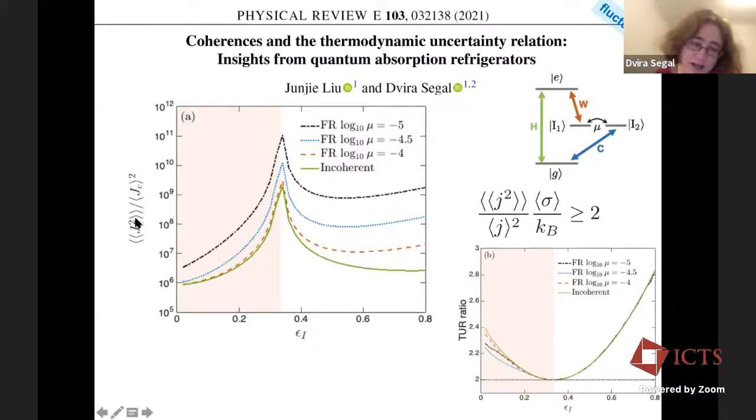And I'm looking here at the relative fluctuations. So when this coherent coupling is small, as you can see, fluctuations are a couple of orders of magnitude greater than in the green line. Here is when the system operates as a refrigerator, and here is when it operates in the opposite manner. So having coherences here is associated with way more fluctuations.